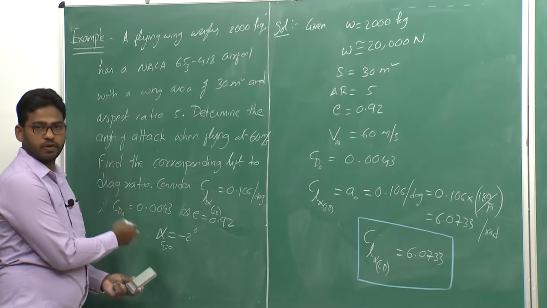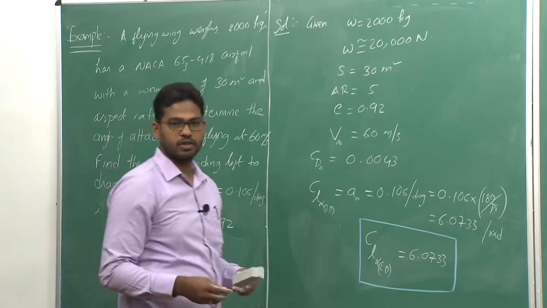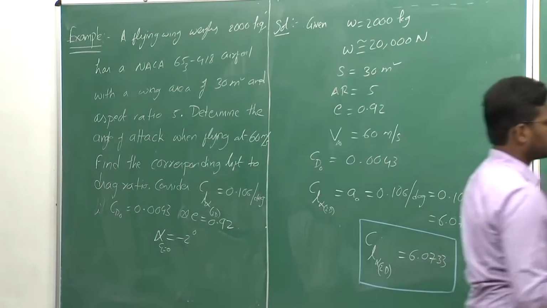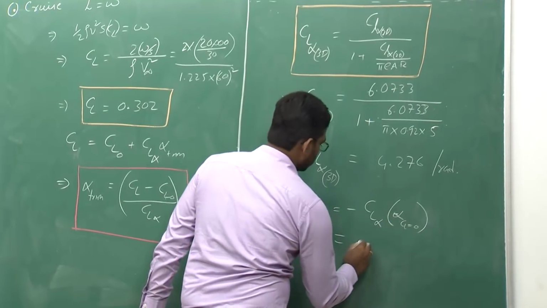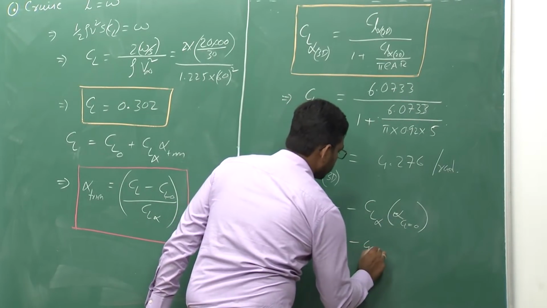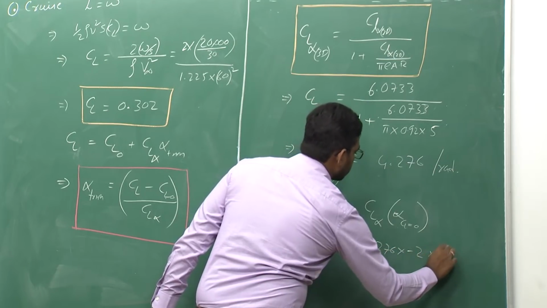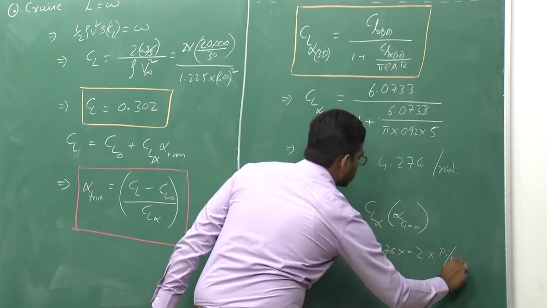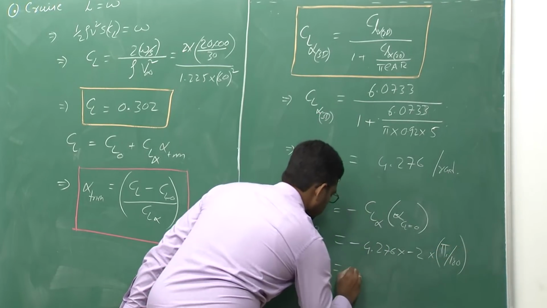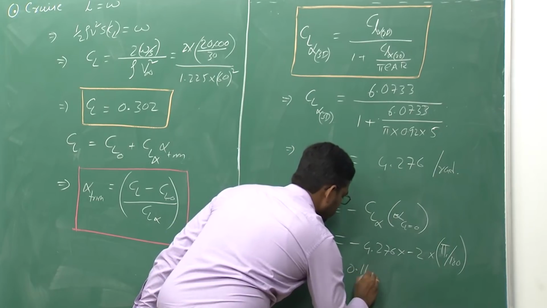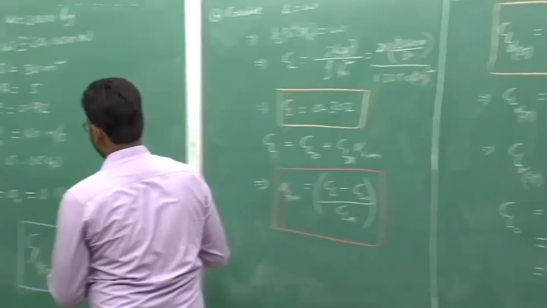It is an assumption that we consider it the same for both airfoil and wing. So, assuming minus 2 degrees, we have minus 4.276 into minus 2 into pi by 180, which is 0.1492. So CL naught is 0.1492.